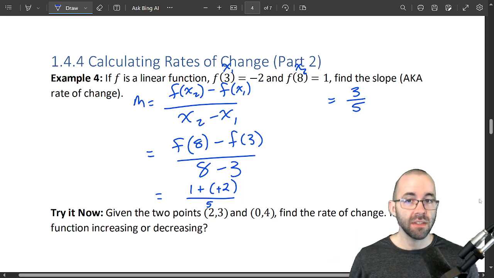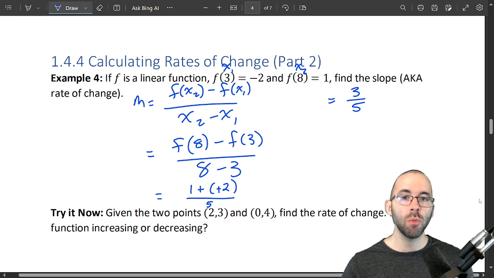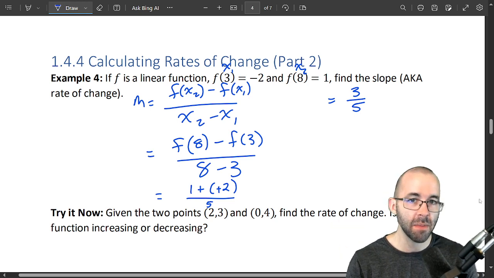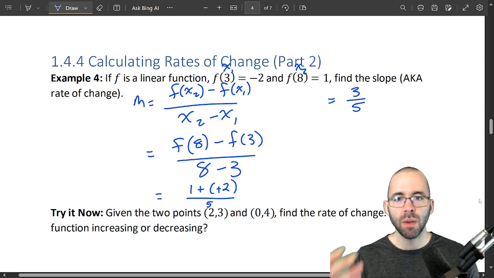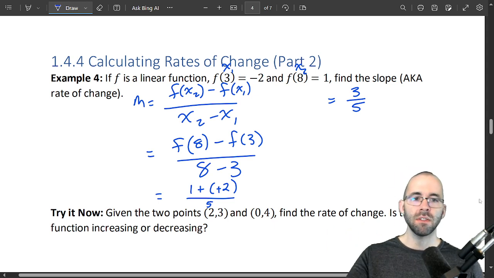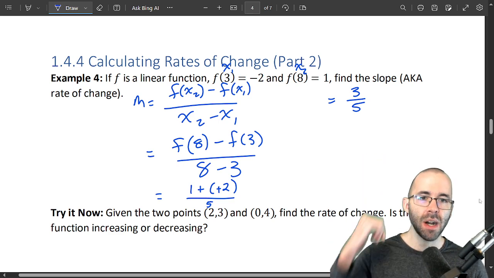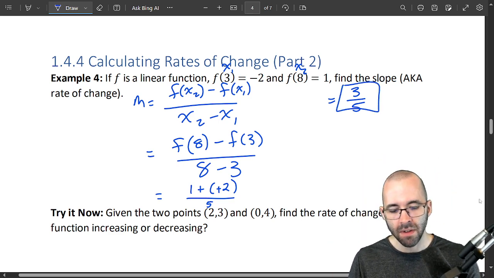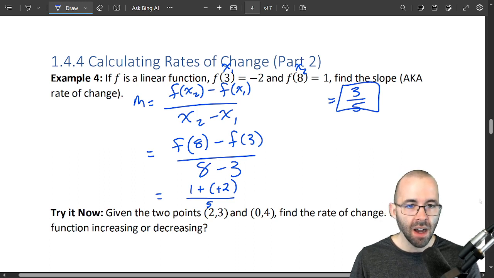This function's going up. This function's increasing. It's a linear function. The slope is positive. Slope is 3/5, positive number. And yeah, at 3, we were all the way down in the negatives. And as soon as we got over to 8, we got into the positives. So it makes sense that it's going up. That's our slope. And again, what does this mean? That means we go 3/5 units up for every 1 unit right.